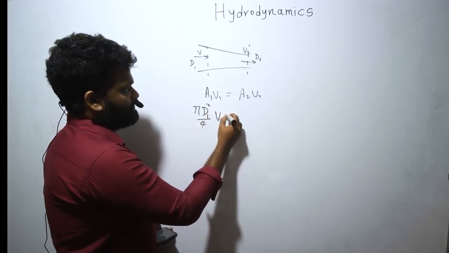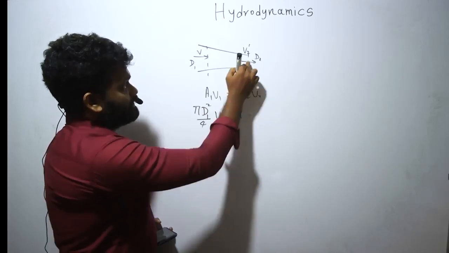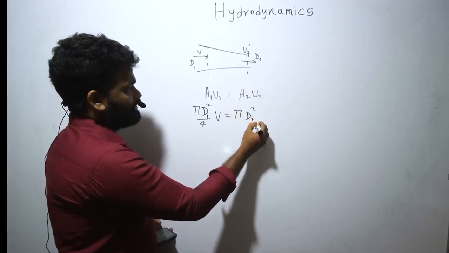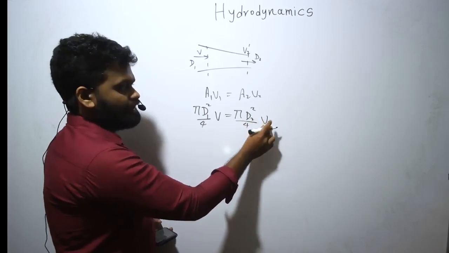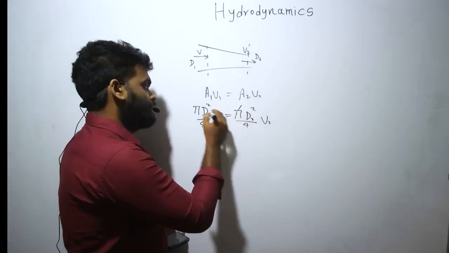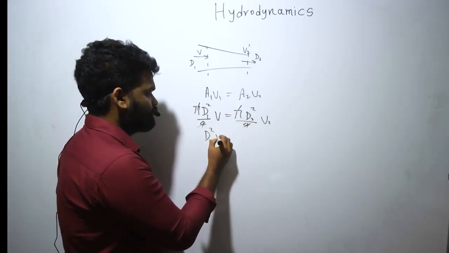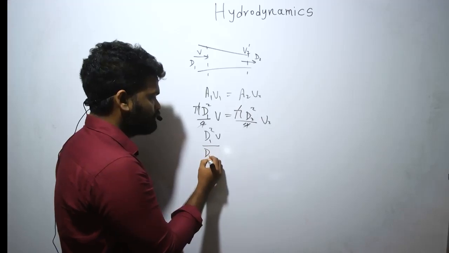V1 means just V. Here A2 is pi times d2 squared divided by 4, then you have V2. What you have to find is V2. Pi cancels off, 4 cancels off. So V2 is d1 squared V divided by d2 squared.